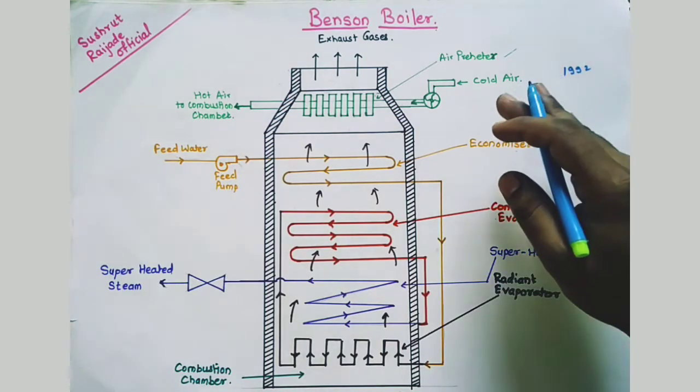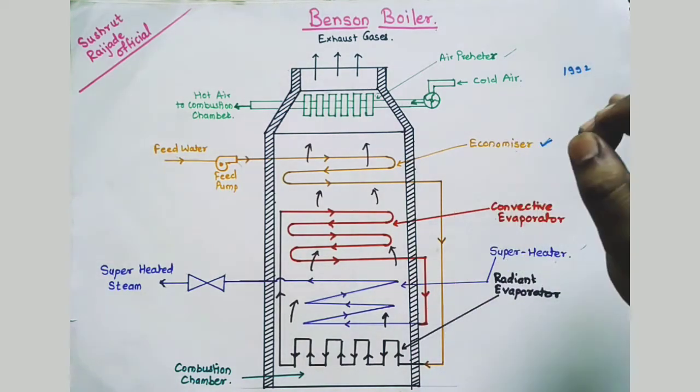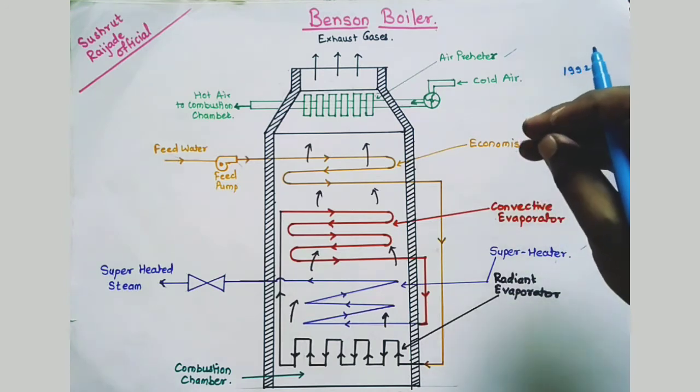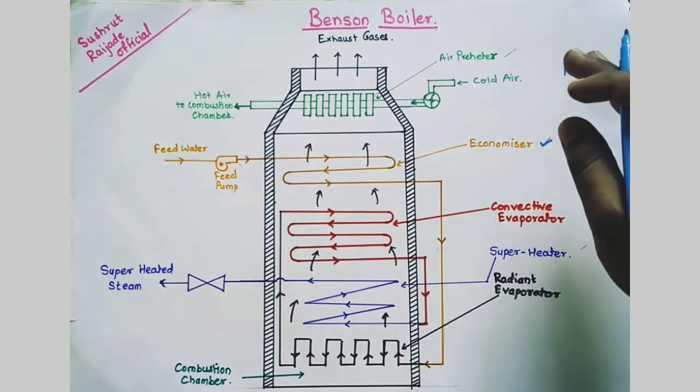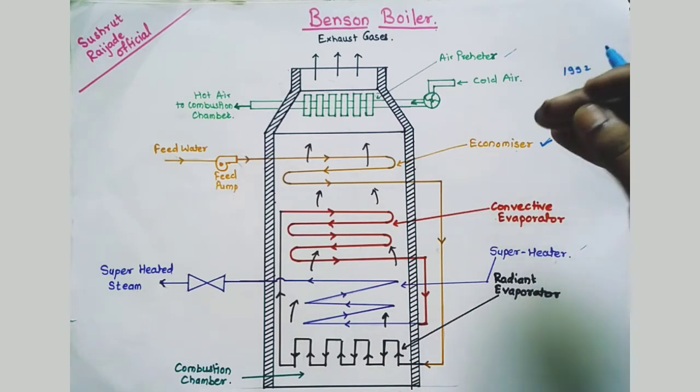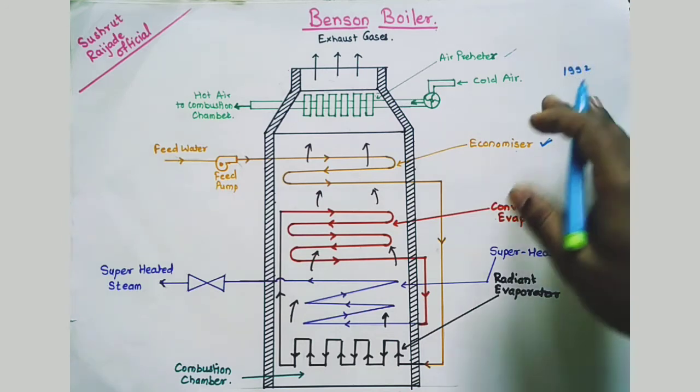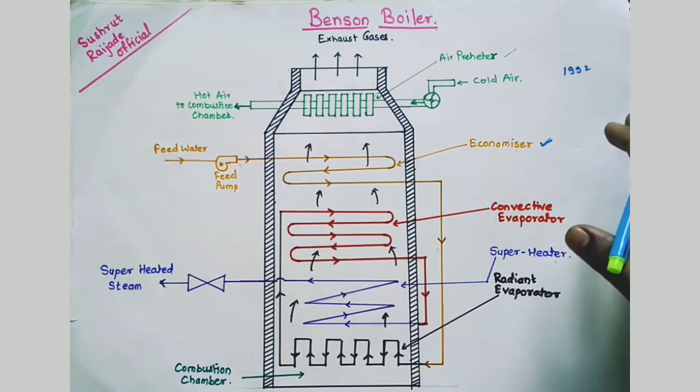Therefore, the Benson boiler uses that trick: he raised the pressure of the boiler up to the critical pressure, that is 225 bar, and the bubble formation is eliminated.